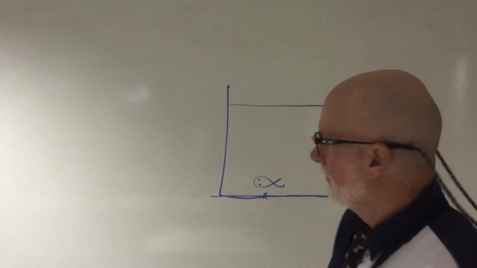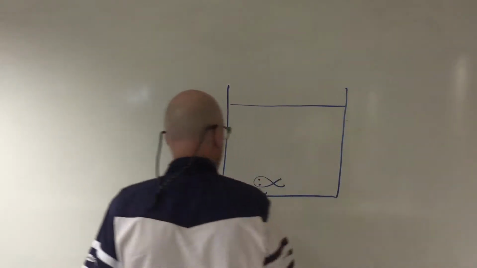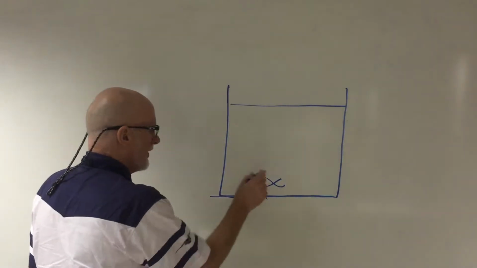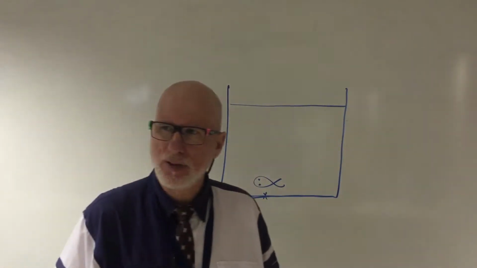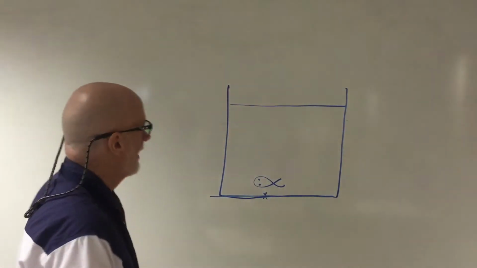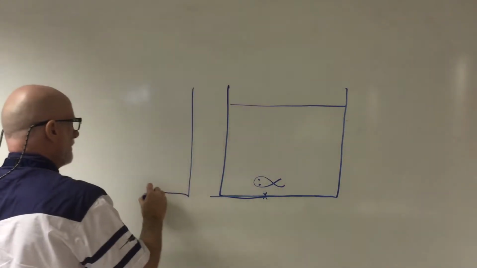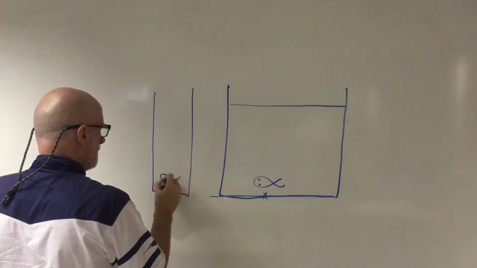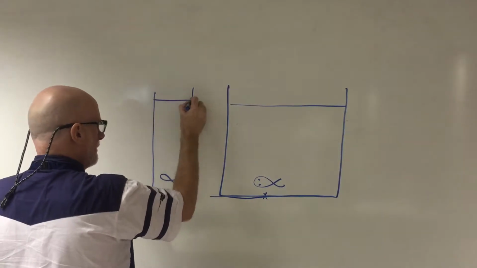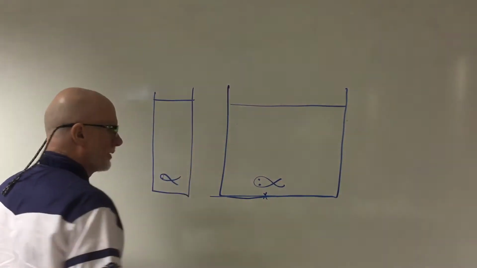In other words, if I have this fish, right? Now, that fish is in that container. Okay? Yes? All right, now, let's make a different container, like this. Okay? Same volume. Okay?